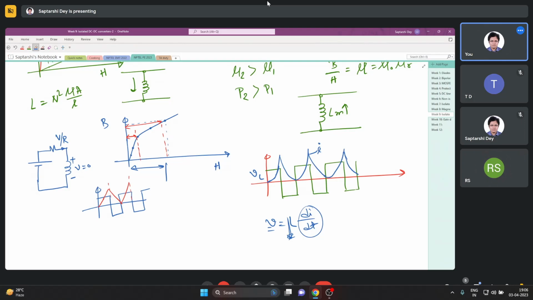My current is touching 0 every time. So then the flux will always be varying. Yes, flux will vary in any case. If the current is varying, flux will vary.